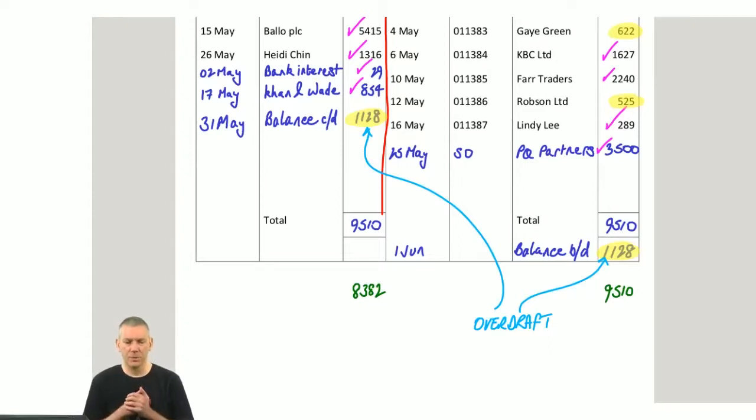And of course, when you have a credit balance on a bank statement, what that means is you're in the black, to use the expression, in the black or in the red. You're in the black if you've got £500 credit at the bank. From the bank's perspective, you think credit is a good thing.